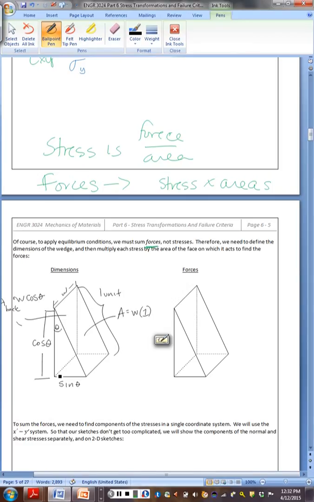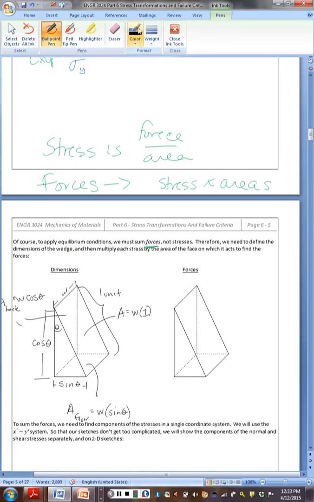This is our sine theta. So we know the area of the floor, so to speak, is our width times sine theta. And those are our three faces of interest.